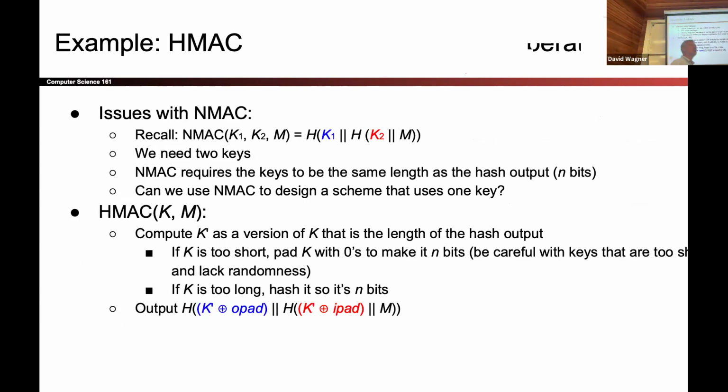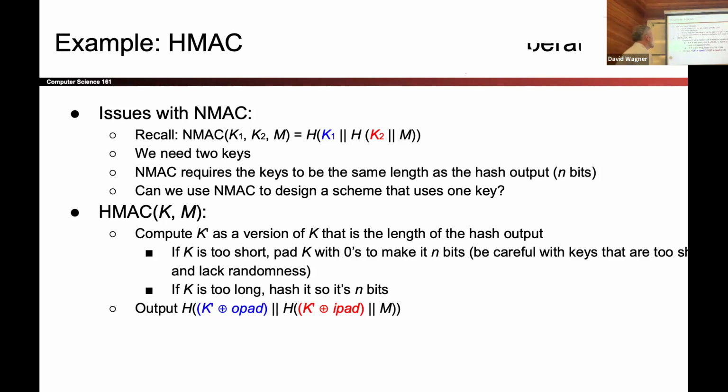One thing that's a little bit annoying is I need two keys. And maybe it'd be nice if we had a scheme that used just one key. So there's a tweak, a slight modification on NMAC that lets you use just a single key. Alice and Bob only have to agree on a single key. They don't have to agree on two keys.